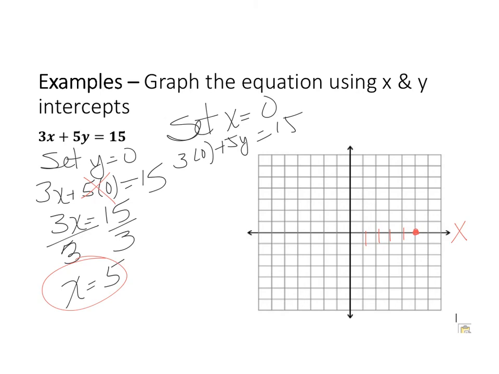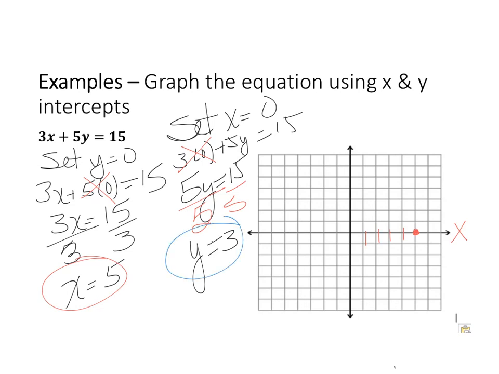My x term drops out, and I'm left with 5y equals 15. One-step equation to solve. Undo my multiplication. Remember, when you've got a number attached to a variable, it's multiplication. I undo it with the opposite, which is division. So my y-intercept is 3.